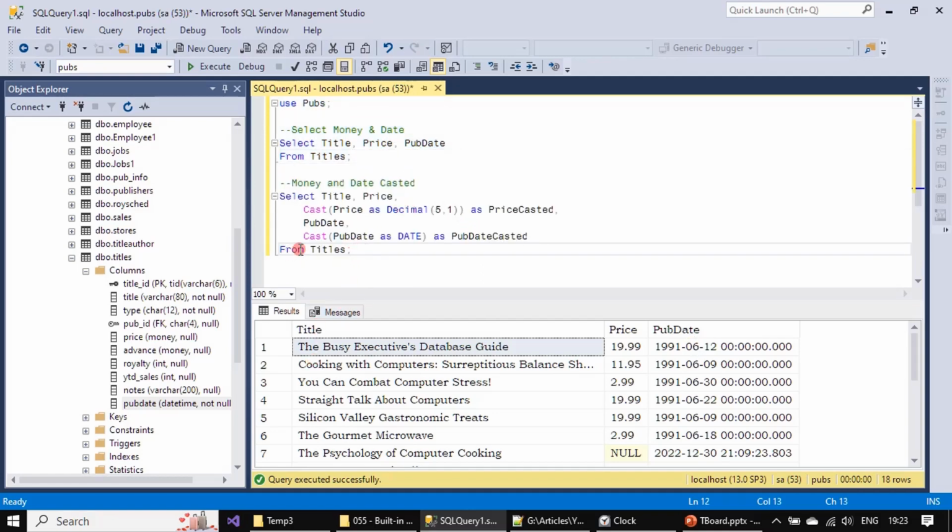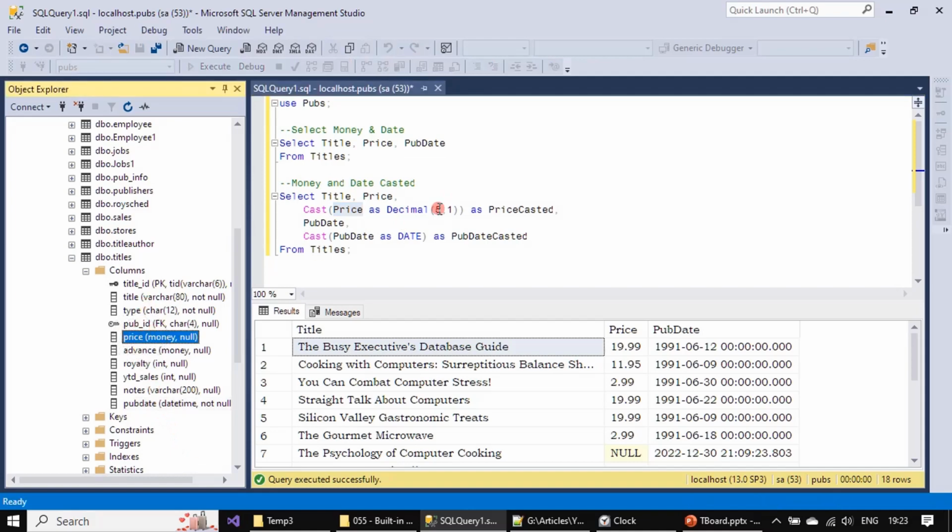Here, we are casting the price as decimal, from money to decimal. The publishing date we are casting to date, from datetime to date.